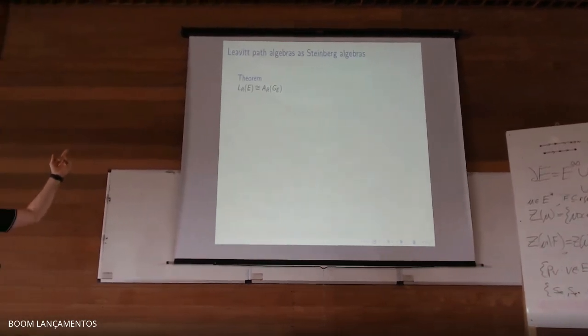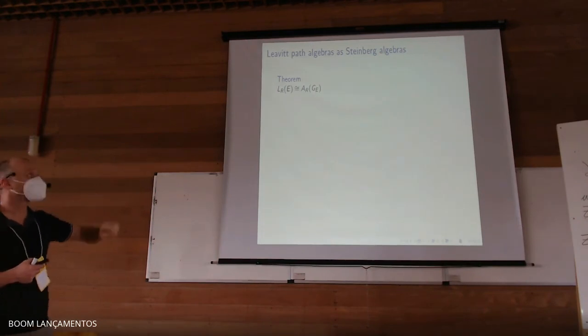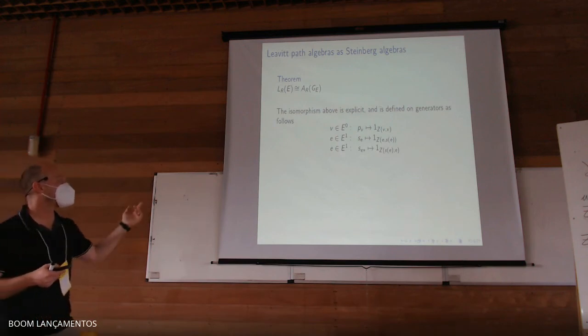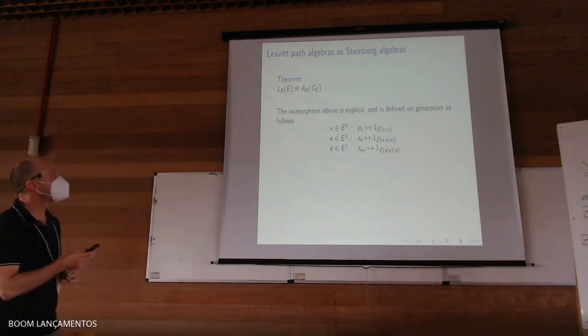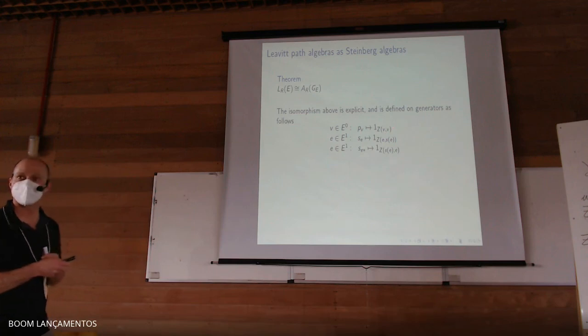And we can show that the Steinberg algebra on the graph groupoid is isomorphic to the Leavitt path algebra. And this is what the isomorphism looks like on the generators. So if you take any vertex in the graph, then it sends the projection indexed by this vertex v to the characteristic function on Z(v, v).